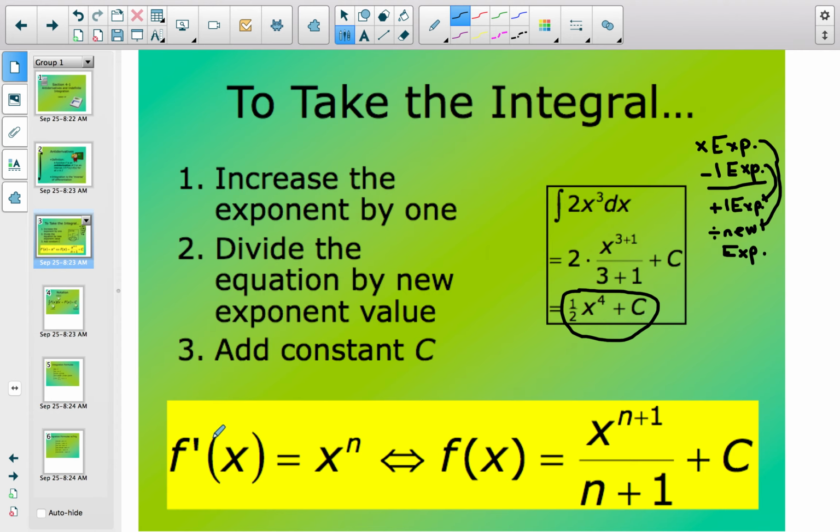So in general, we can work backwards from the derivative to the integral. Here's the integral, and if we work backwards from that, we can take the derivative of x to the n and get that. So, the reverse processes.